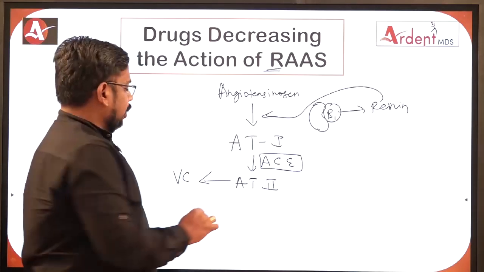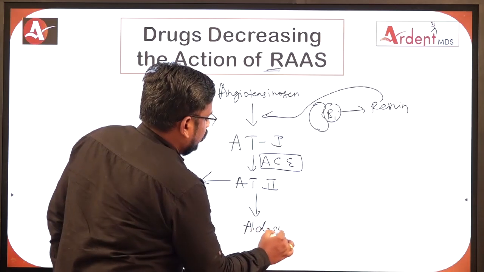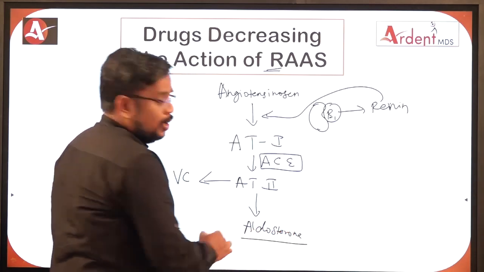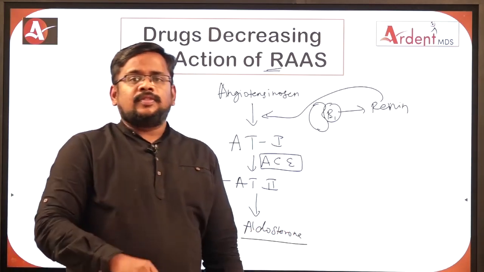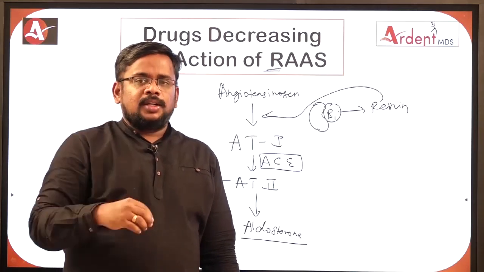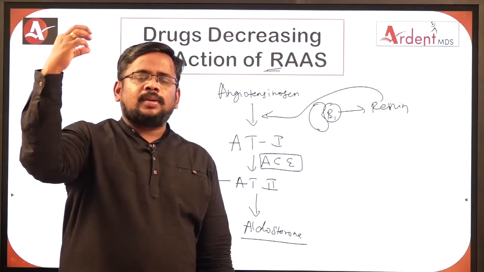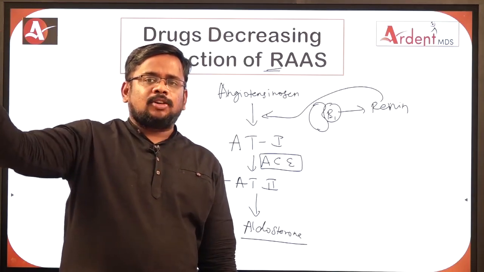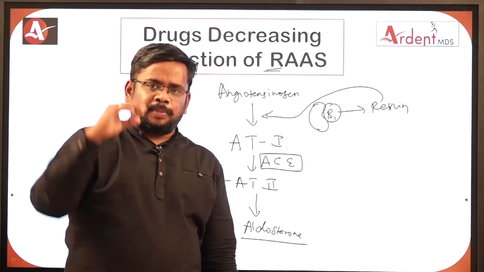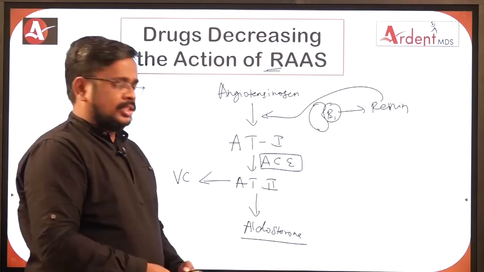Number 2, it releases aldosterone. What does this aldosterone do? Aldosterone reabsorbs sodium and water. So if the aldosterone reabsorbs sodium and water, the volume will be increased, which in turn increases the cardiac output, which in turn increases the blood pressure. So the renin angiotensin aldosterone system basically increases the blood pressure.